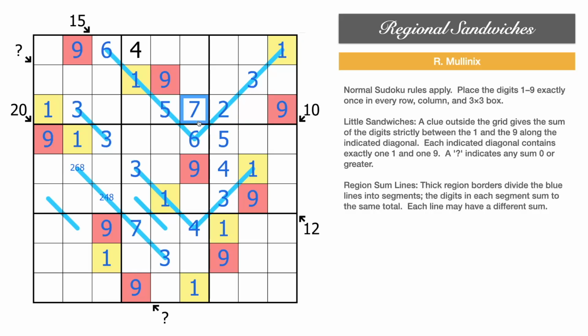So now let's look at what's a good digit to look at. 4 is over here. 4 is there. 4 is somewhere over here. Can't be here because of the region sum line, and that 4 there.